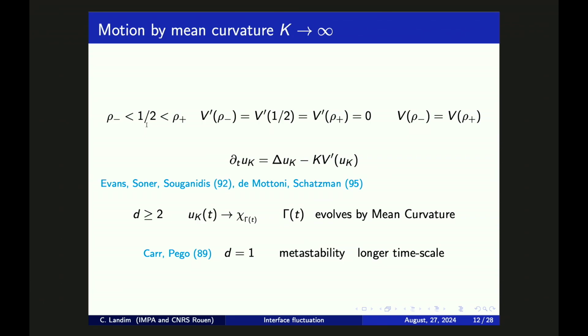The boundary between rho minus and rho plus is a smooth hypersurface which, in a finite time interval, evolves according to mean curvature. So this is how the solution of our equation evolves as k tends to plus infinity.